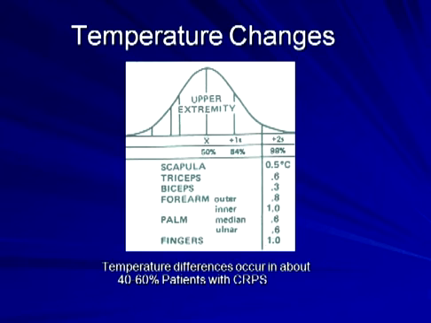And if you go by touch, you may miss a lot of people who have a significant difference in their temperature between symmetric points, and you'll write them off as, oh, it feels normal, so they're normal. You really have to measure the temperature and record it and write it down to know whether or not it's abnormal or not.